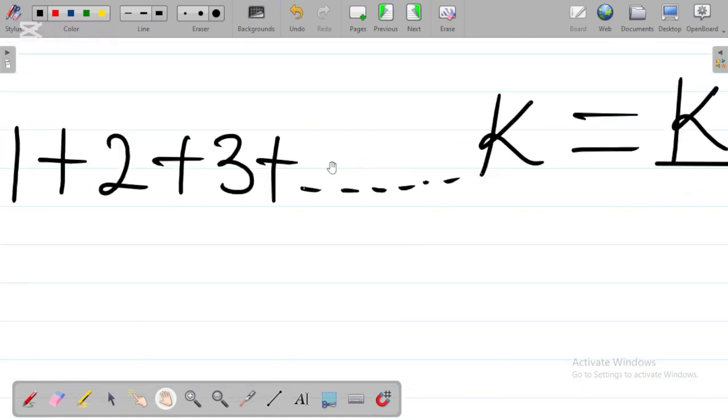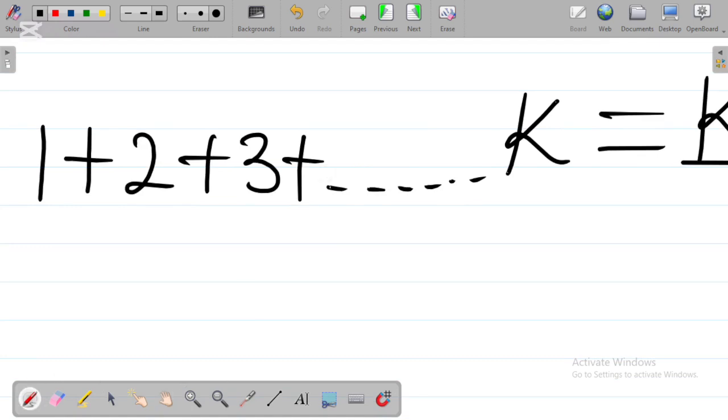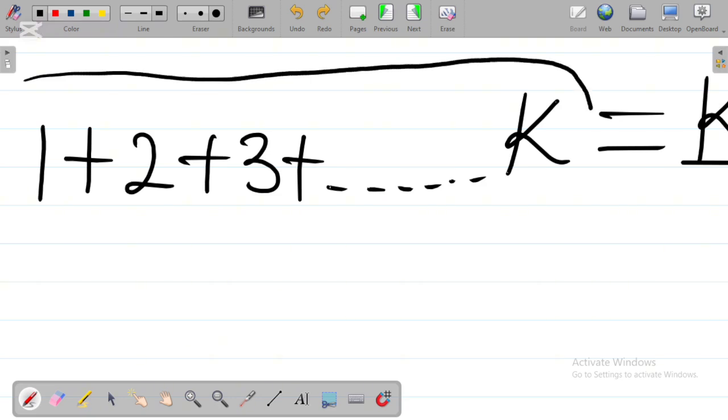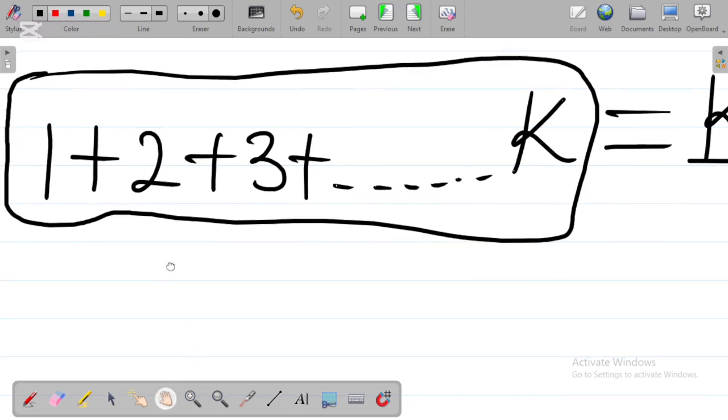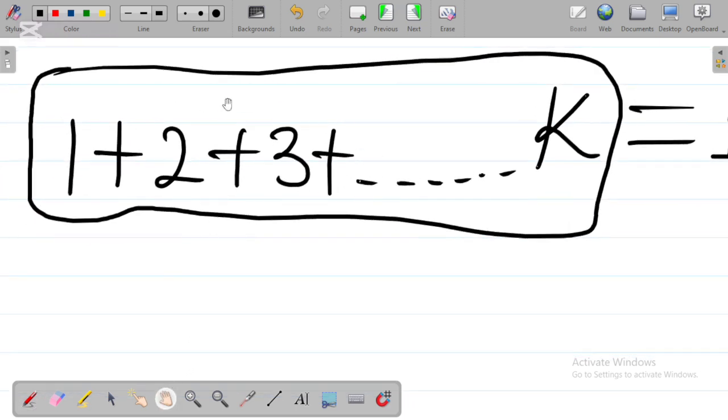So this is the left hand side of equation 1. We are going to add this to the left hand side of equation 2.